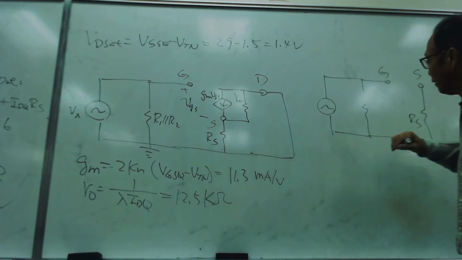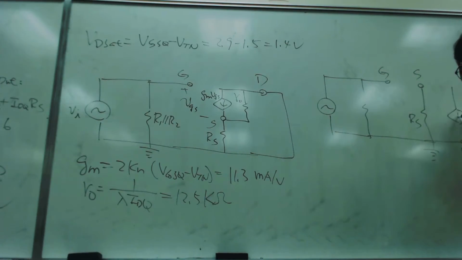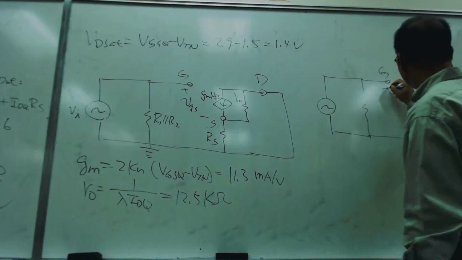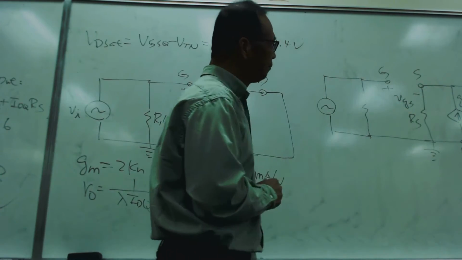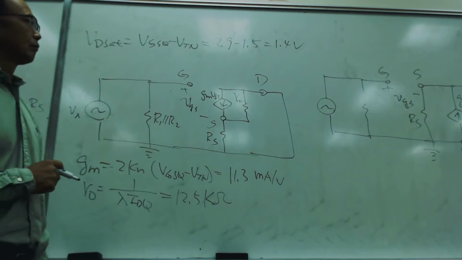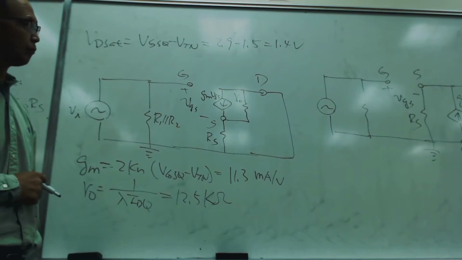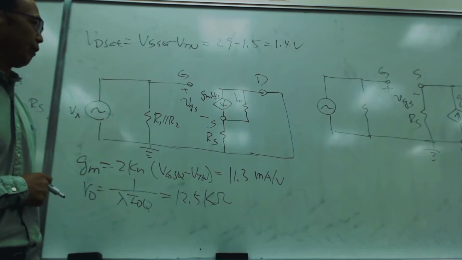Got it? So therefore the current actually is going up, then R sub O. Agree? GM VGS, right? So this is VGS. Can you see that? It just makes it easier to work with. Okay. I think it's easy.